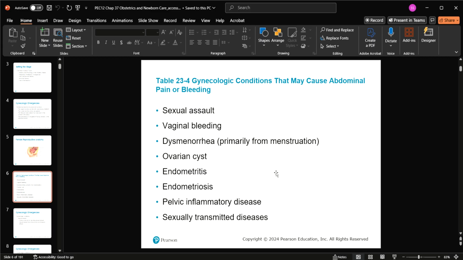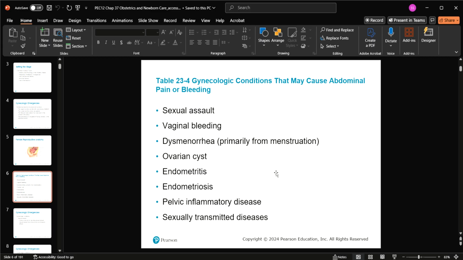You can also talk about a SANE, that is a sexual assault nurse examiner. A lot of people talk about a rape kit. It's actually a SANE kit, a sexual assault nurse examiner's kit, and that's what they use at the ER to fully document everything and to obtain samples from the patient, so that should they choose to go forward with prosecuting the perpetrator, they have that ability to do so. That's just a little caveat.